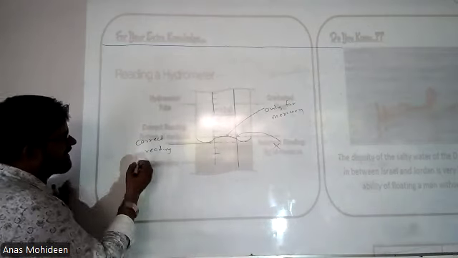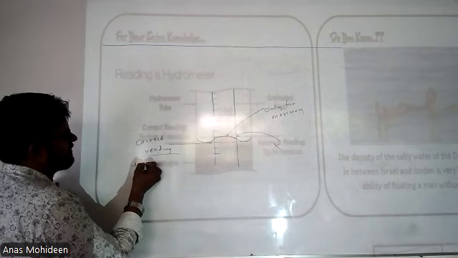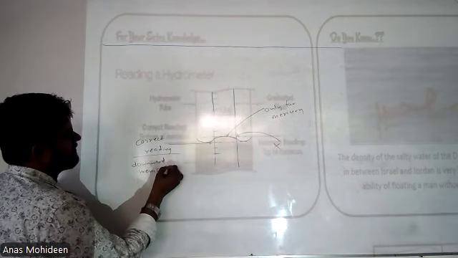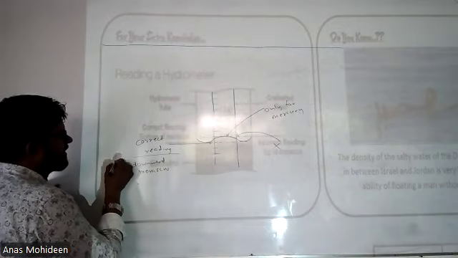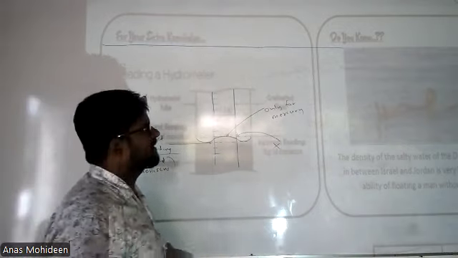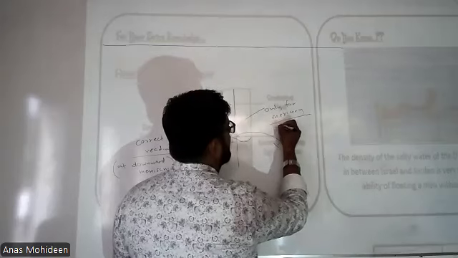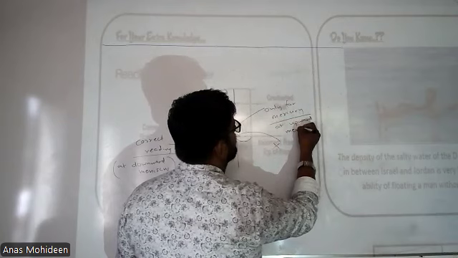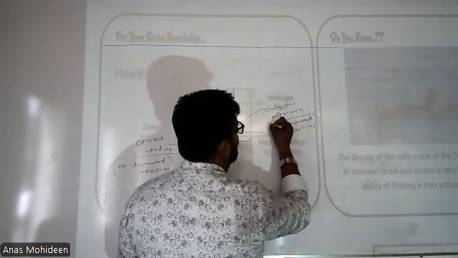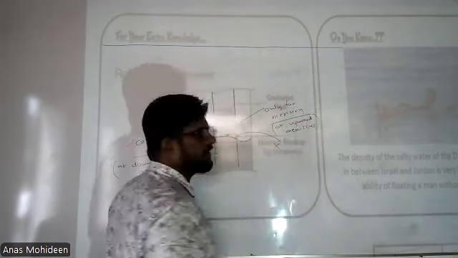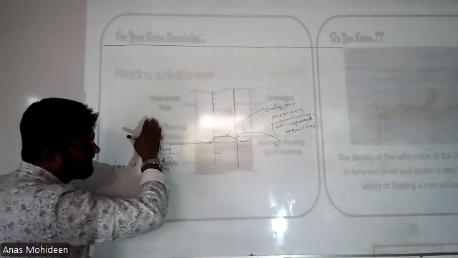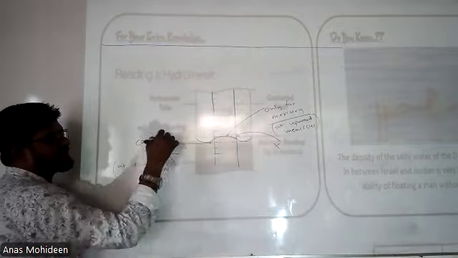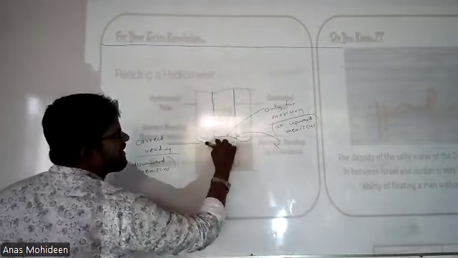So the correct reading is taken at the downward meniscus, only for mercury at the upward meniscus. You understand that point? So all other liquids, downward meniscus. Only for mercury, upward meniscus.